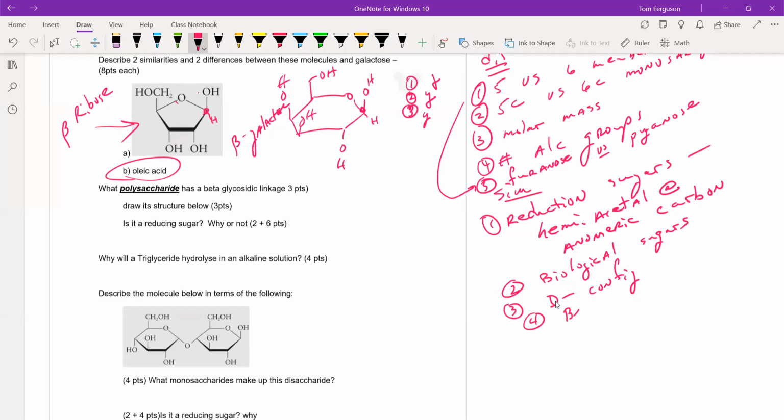They're both beta. Anything else, you guys?